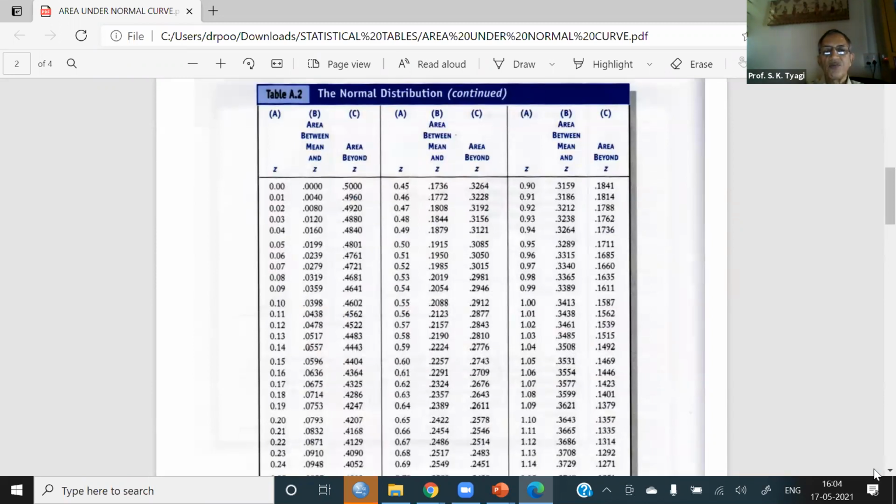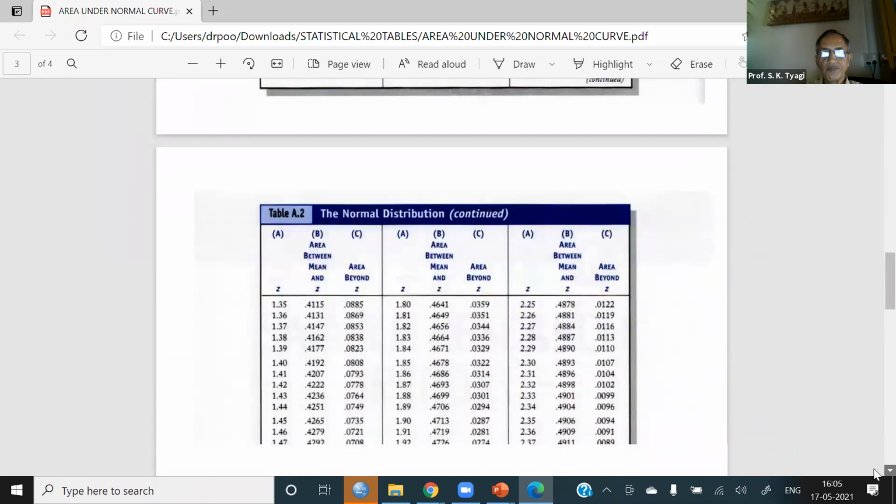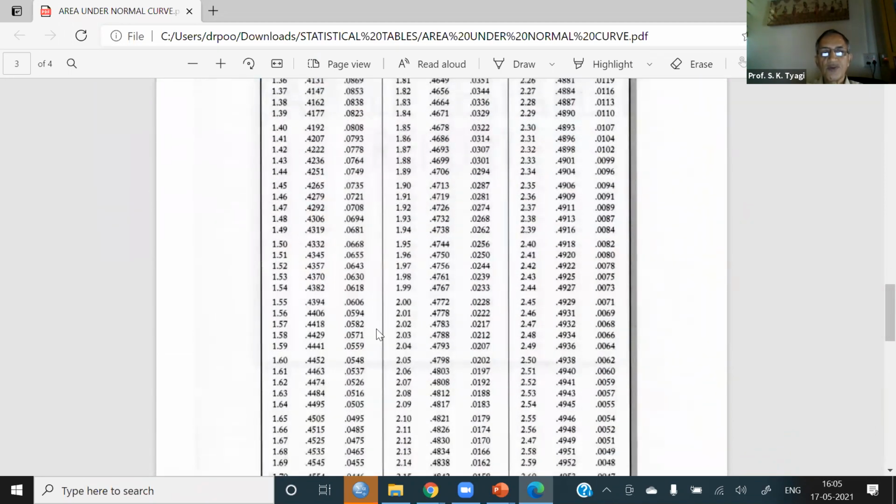This is the Z value, first column. Second column is area between mean and Z. Third column is area beyond Z. Beyond Z means on one side. So let us refer to the Z value of 1.57. The area in one tail is 0.0582.